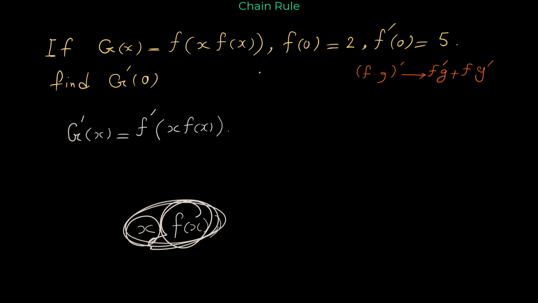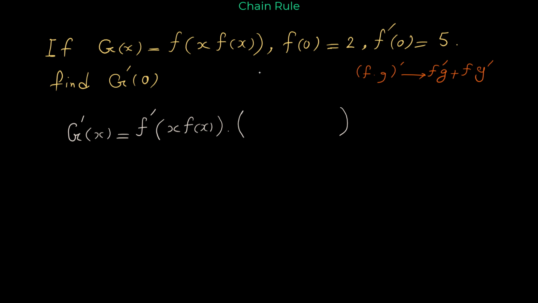So for finding the derivative of the inside function, we use the product rule, and so the derivative of the inside function would be derivative of x, 1, times by f of x. So 1 times f of x, or f of x, plus write the first function, which is x, times by derivative of the second function, which is f of x, and derivative of f of x is f prime of x.